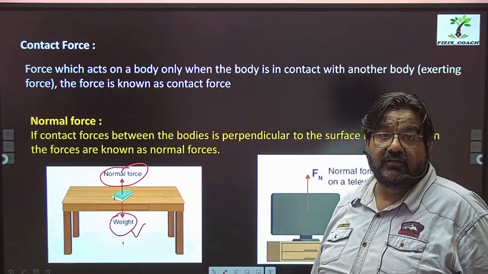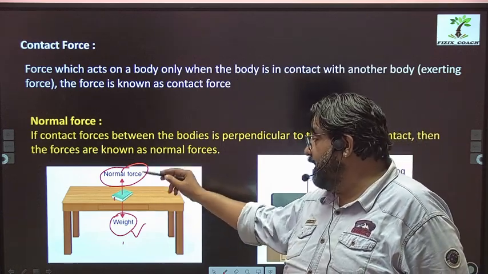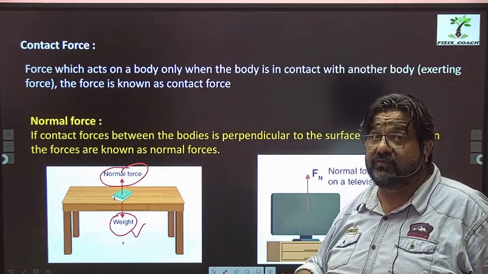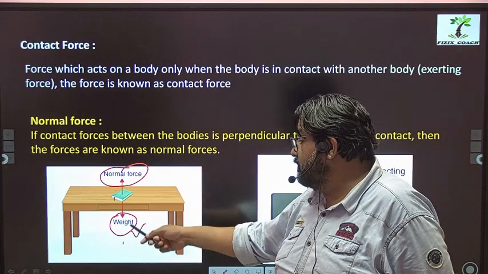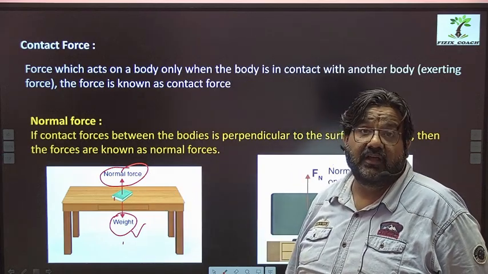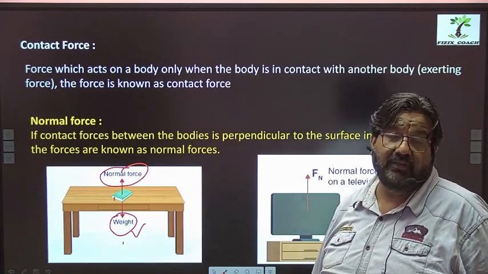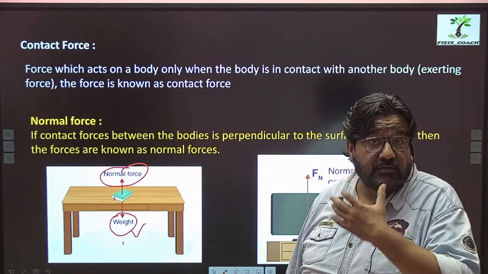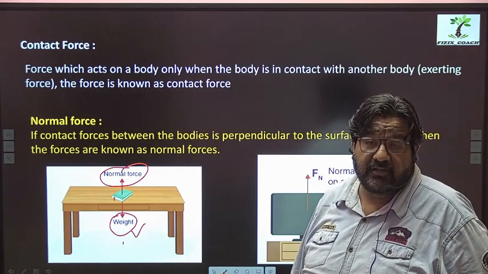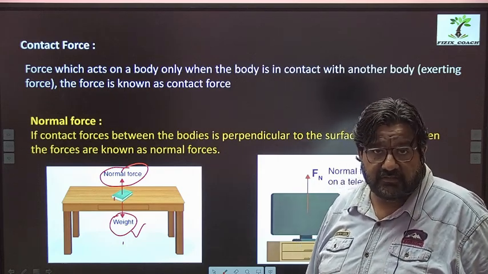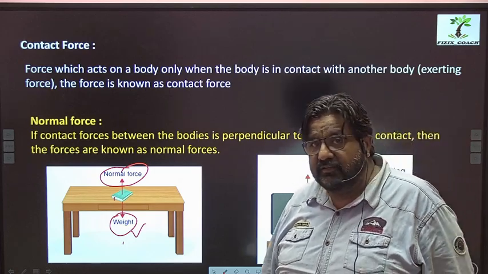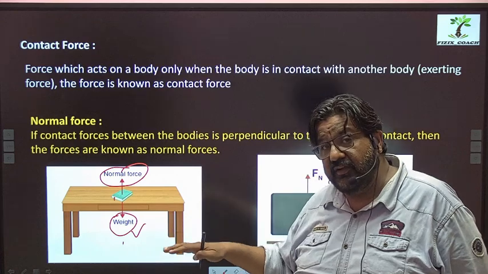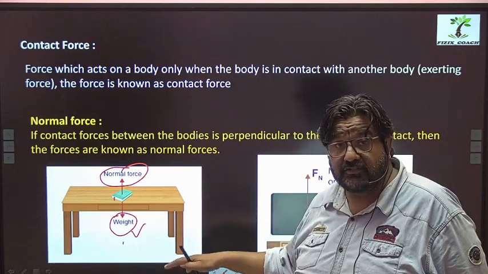We already studied balanced forces. Now these become balanced forces, and balanced forces do not let the book which was resting on the table move in either direction. So that is why the book is at rest, because of the balanced forces.